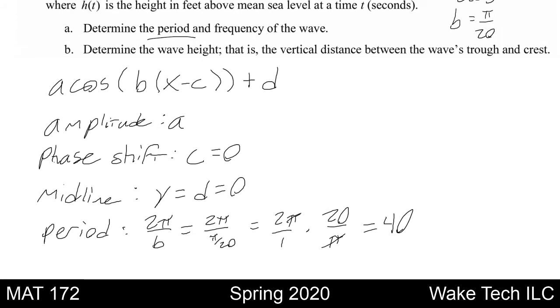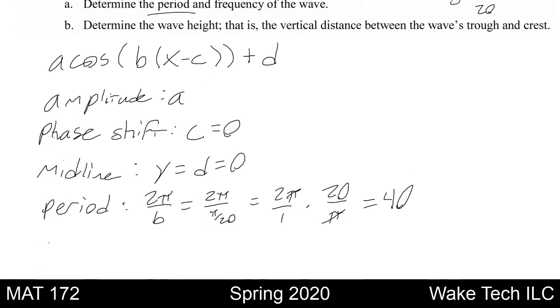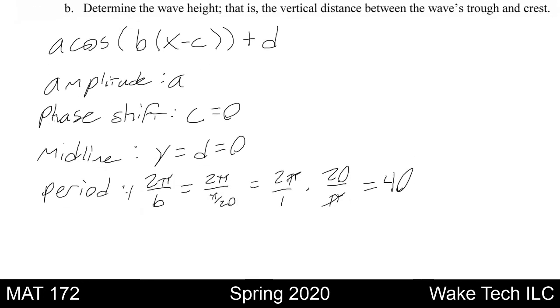It asks to determine the period, but it also asks for the frequency of the wave. The relationship between frequency and period is a really simple one. Period and frequency are reciprocals of one another. So in other words, if period we call p, then if we call frequency f, f is equal to 1 over p.